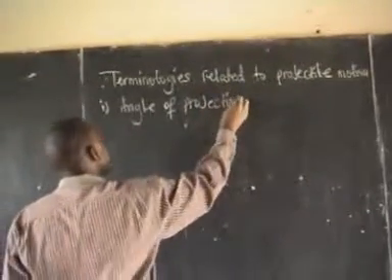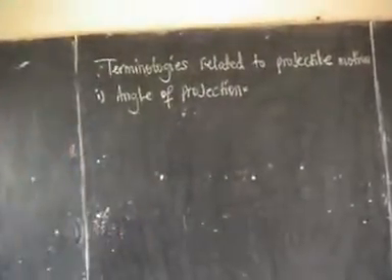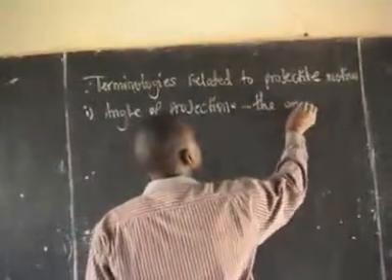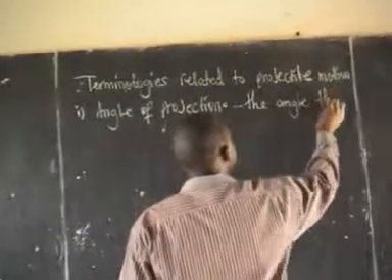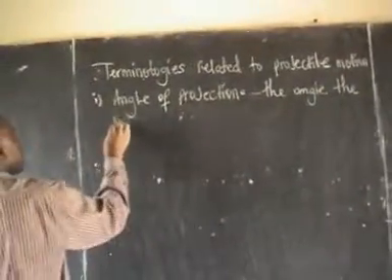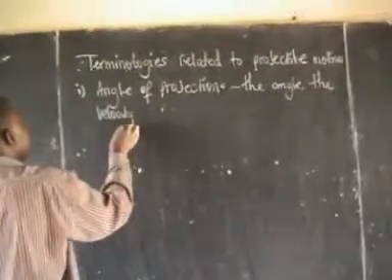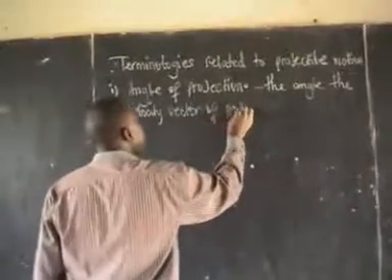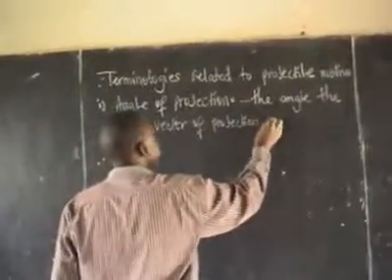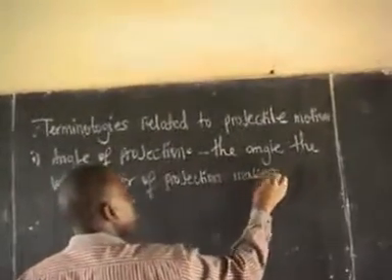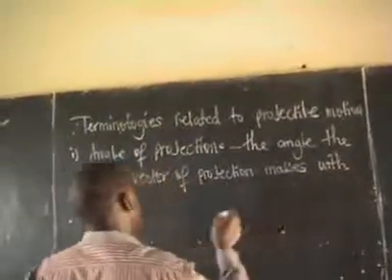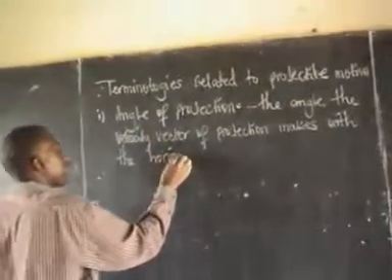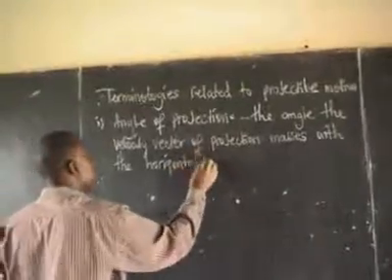We shall be defining this as the angle the velocity vector of projection makes with the horizontal.